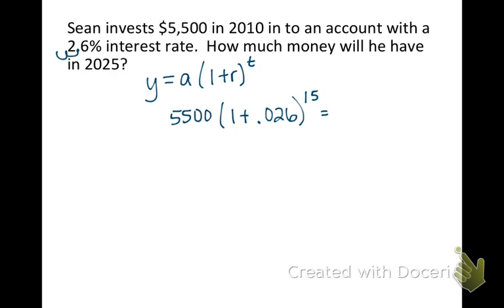Now here, we don't want to round to the nearest whole number. We're not talking about Kronoids. We're talking about money. Anytime you have money, it's just understood that you're going to round to 2 decimal places because that's how we talk about money. So our answer here, if you plug it in your calculator, is $8,083.01.